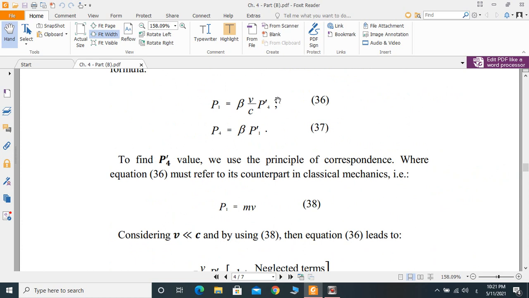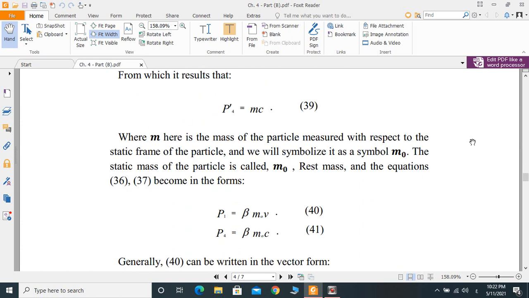We substitute p dash 4 equals m naught c, and then relations 36 and 37 become in these two forms: p1 equals beta m naught v, and p4 equals beta m naught c.